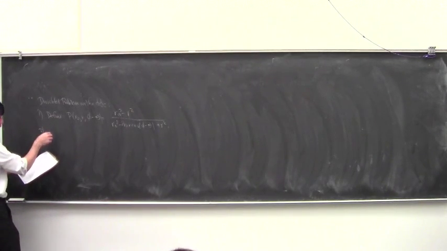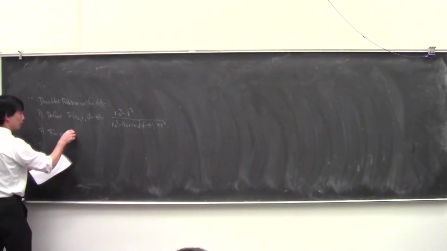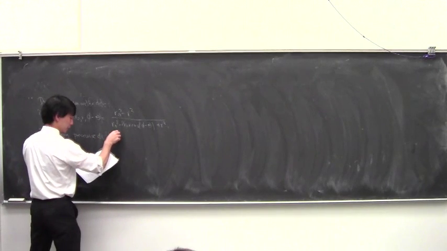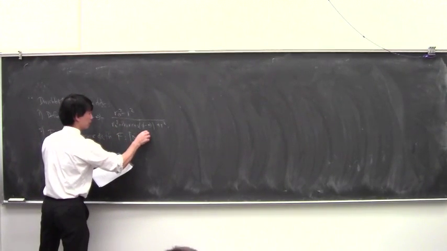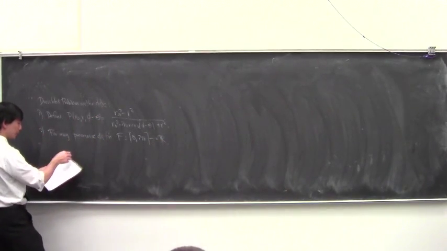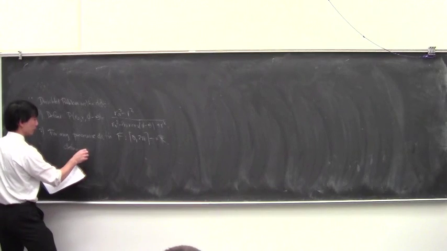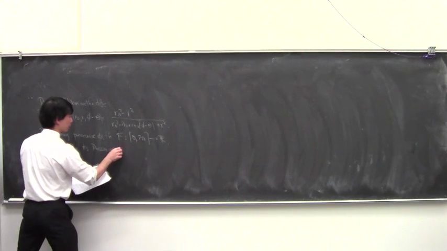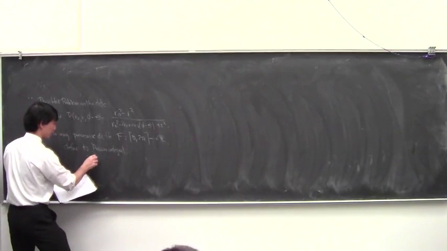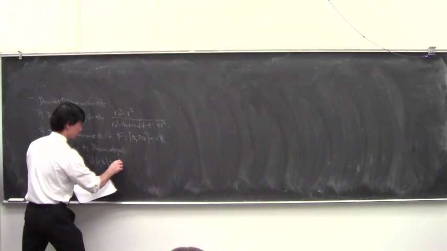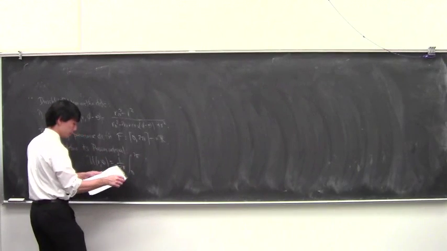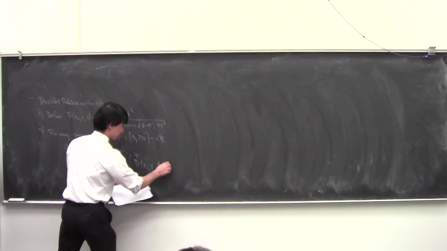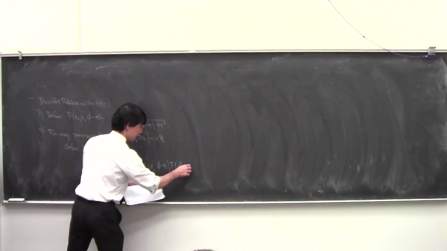And then for any piecewise continuous function on the circle, you define its Poisson transform, what's called its Poisson integral, by convolving the Poisson kernel against the function.